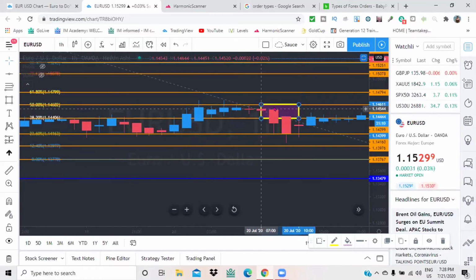The red candles are your sellers. So when it wicked all the way down here, the sellers tried to get it down here, but then the buyers pushed it back. The sellers still end up winning, but that long wick means they were trying. They were basically battling the buyers. So you got your buyers and your sellers. That long wick is where price went to, but it didn't close right there. It went back up.